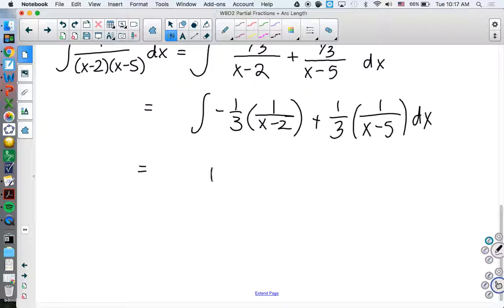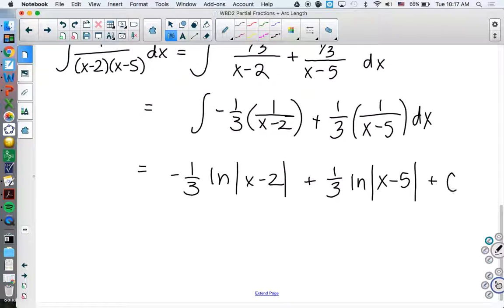The natural log of the absolute value of x minus 2 plus c. Plus c, and we just have that constant that's just hanging out, so the constant just stays there. So negative 1/3 times natural log of x minus 2, and same for the next one. So the constant here is 1/3 natural log of x minus 5 plus c.